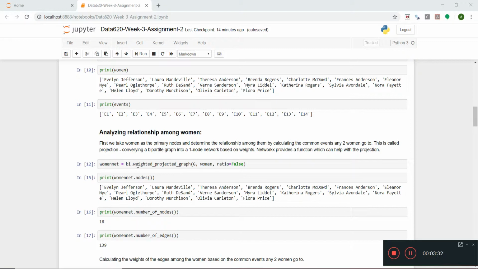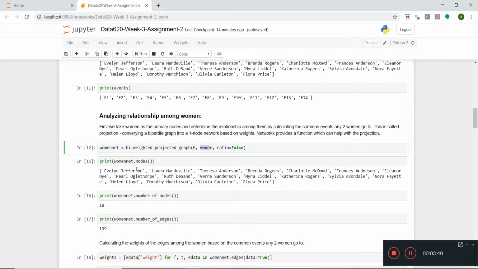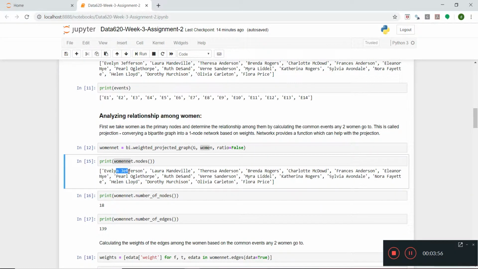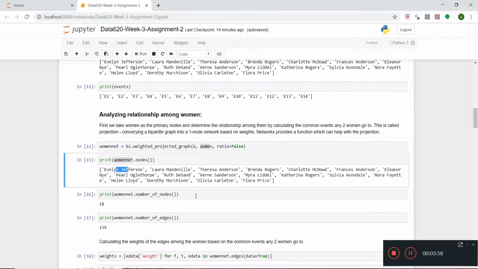We're using the weighted projected graph here, taking the nodes as women, and it creates a one-node graph, which we are calling womennet, which will only have the nodes for women, and the edges will be based on how many common events any two women went to.